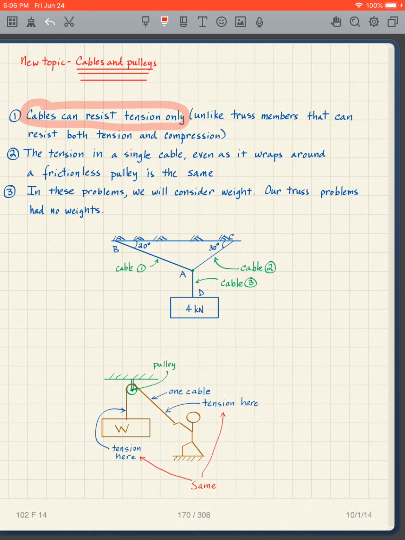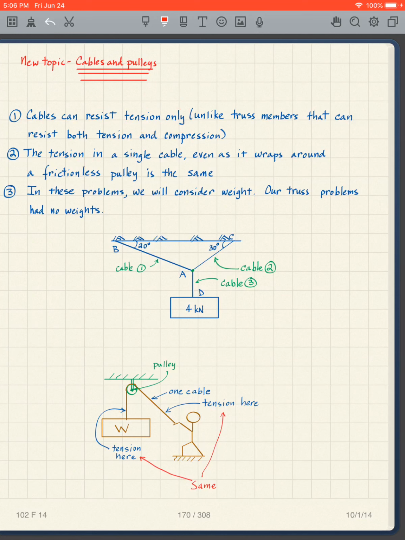We know this, cable like a rope, if you push on a cable, if you push on a rope, it does not resist. So in other words, it cannot take compression. It can take only tension, unlike a truss member, which can take both tension and compression.